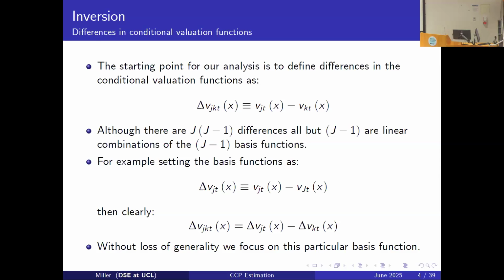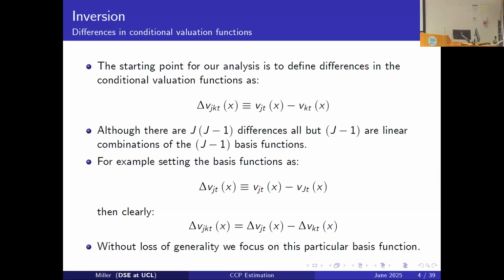So there are a whole lot of differences between these different conditional value functions, of course, but most of them are linear combinations of the others. And in particular, we might as well just focus on one particular, what I'll call basis function. In other words, let's compare the difference between J and big J, okay? Because all the other differences can be formed from that, all right?